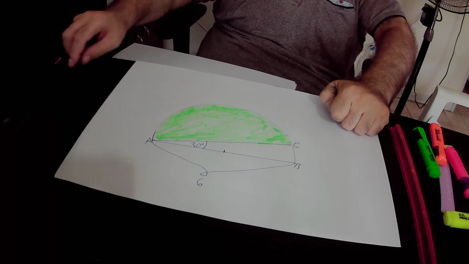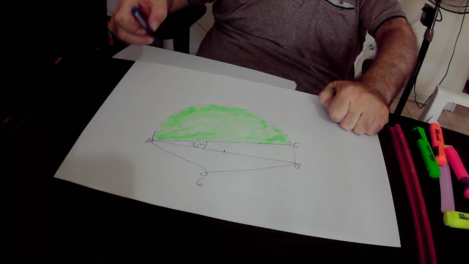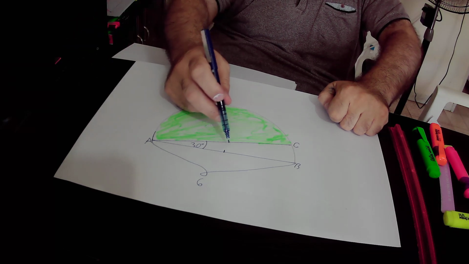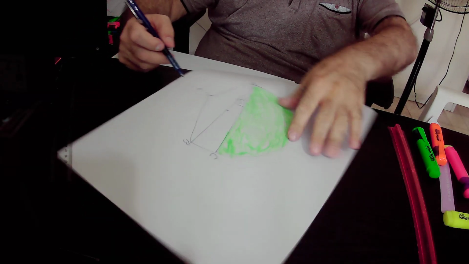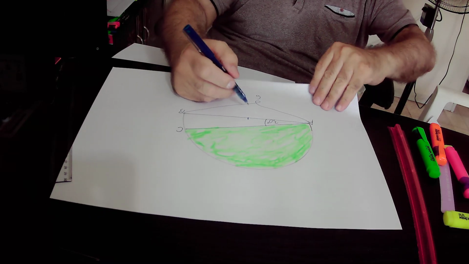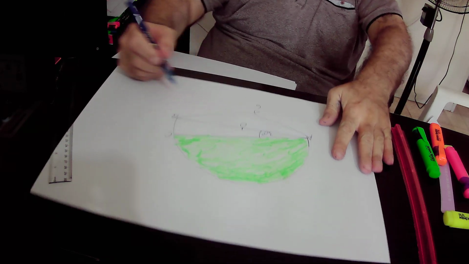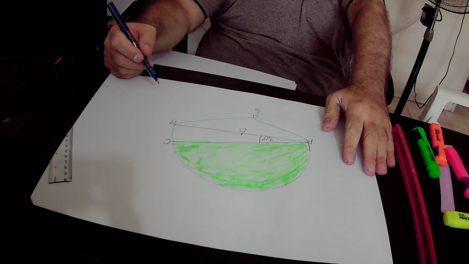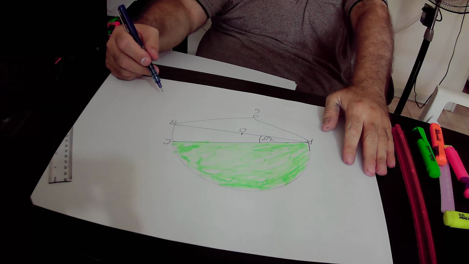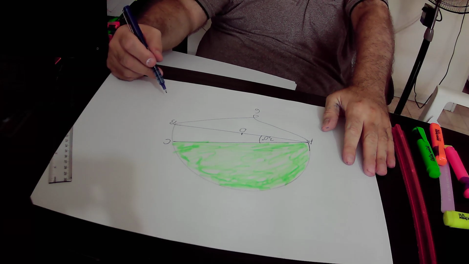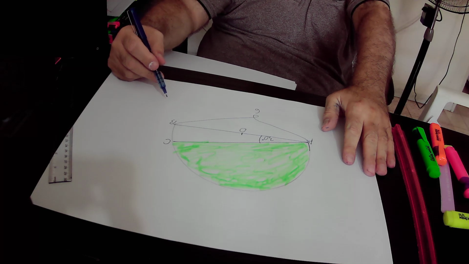So first of all, we will define the center of the semicircle as O. We know that the diameter of the semicircle is AB, that is equal to 6 units. Therefore, the radius must be equal to half of it. 6 over 2 is 3.